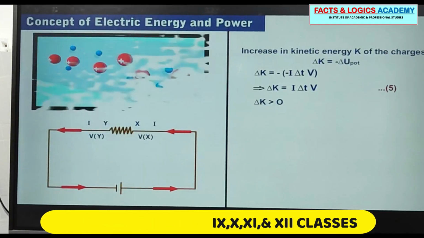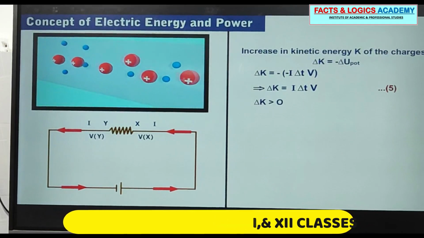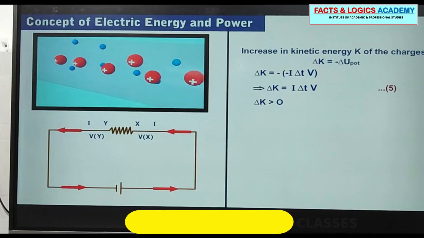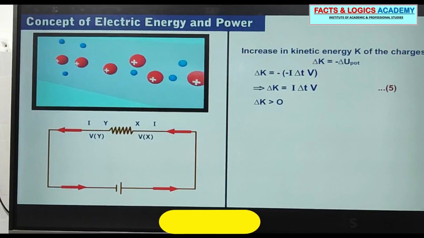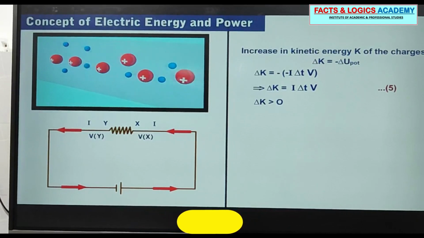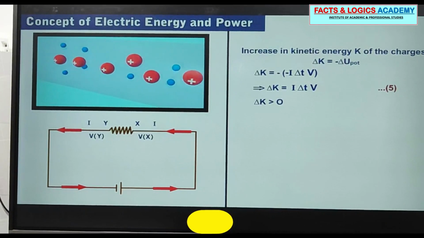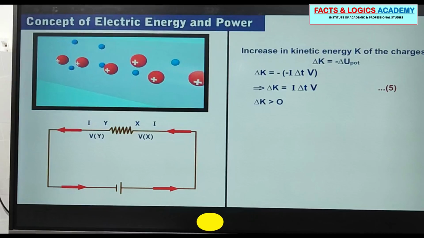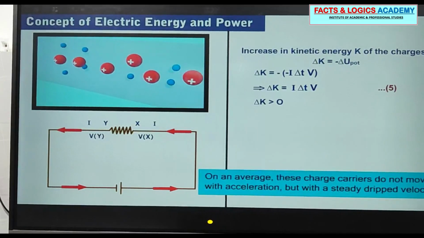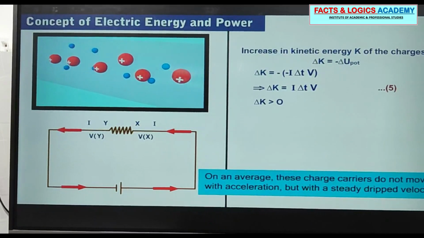If the charges move freely through the conductor, their kinetic energies should increase and they should move with greater velocity. But because the free electrons collide with the ions while in transit, on an average, these charge carriers do not move with acceleration but with a steady drift velocity.